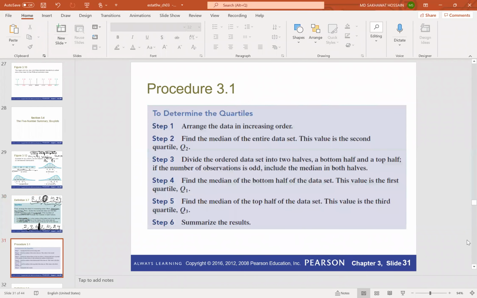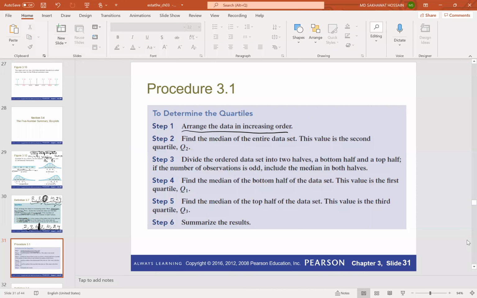So here are the procedures to calculate the quartiles. First, arrange the data in increasing order. Step 2 is find the median of the entire data set. This value is the second quartile, or Q2. Step 3 is divide the ordered data set into two halves, a bottom half and a top half.